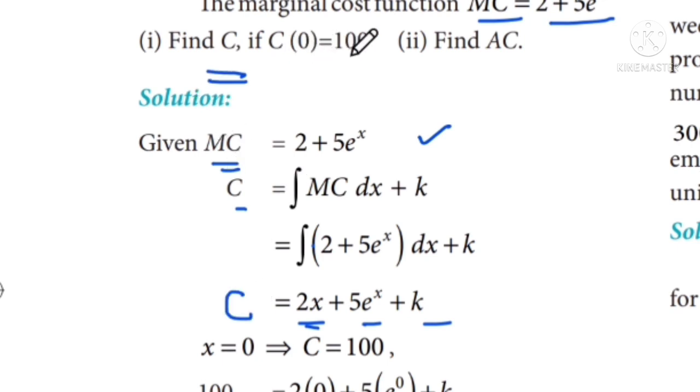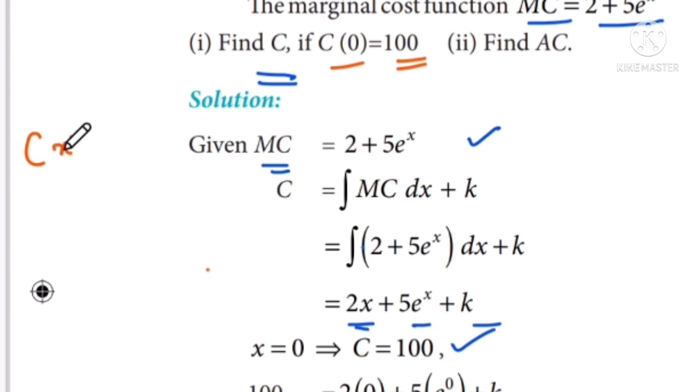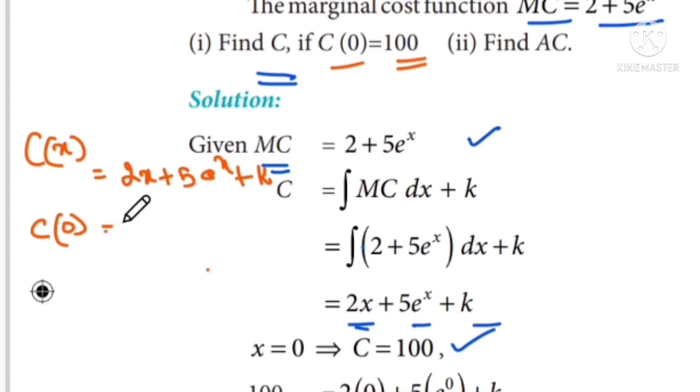If C of 0 is 100. C of 0 means, this is actually C of x. What is C of x? We got cost function as 2x plus 5 e power x plus k. Now C of 0 is 100. So wherever you have x, you put 0.